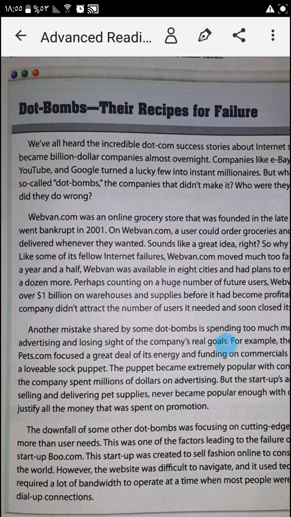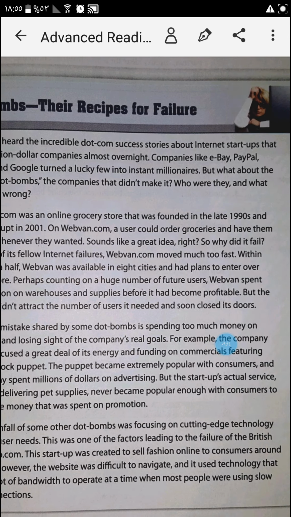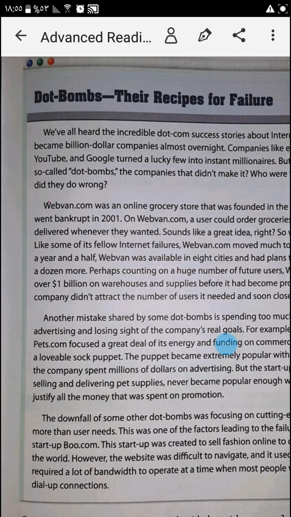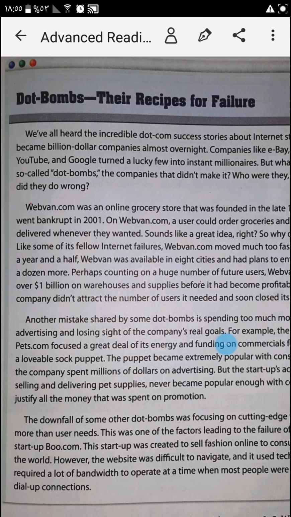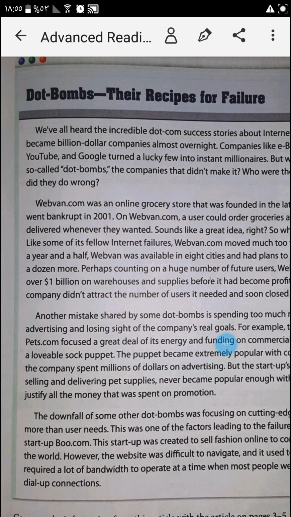The companies that didn't make it, who were they and what did they do wrong? So in this part, the first idea of the writer, we can say, is that companies like eBay, PayPal, YouTube, and Google became very famous, very rich companies.